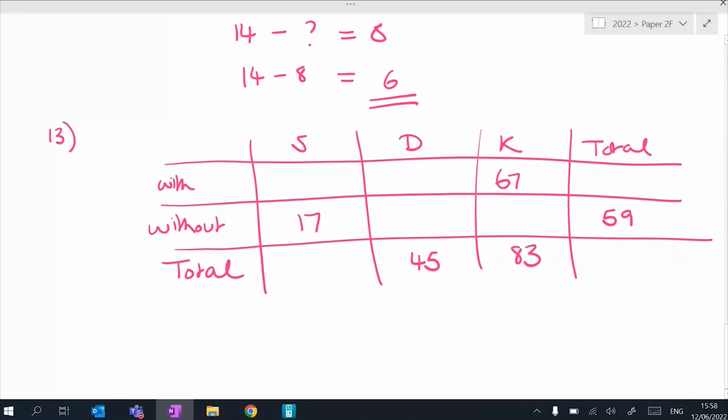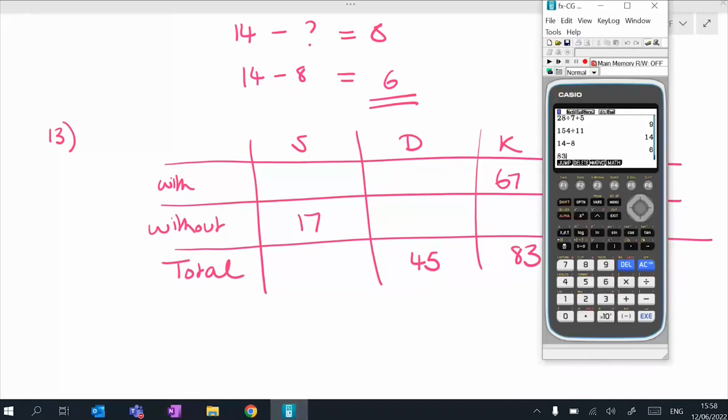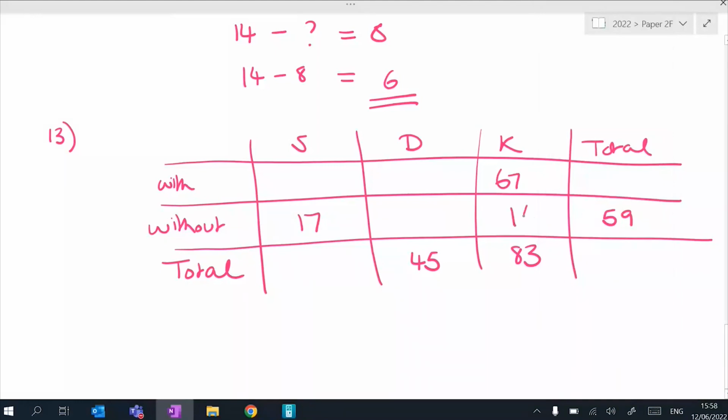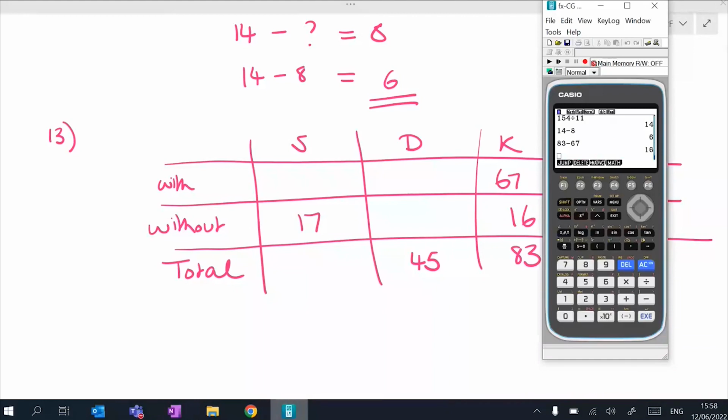So to fill in the gaps, we need to have a look at where we've got the most information. So if we look at my king size column, I can do 83 and take away 67 to work out that missing gap, which is 16. I can then look at this whole row here, so without. So the 16 and 17 and whatever happens in the double is going to have to add up to 59.